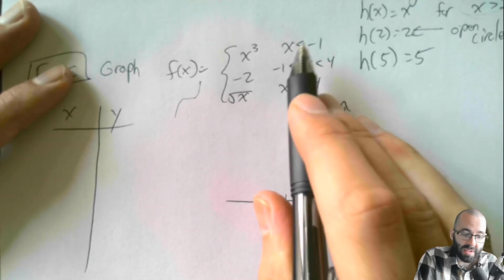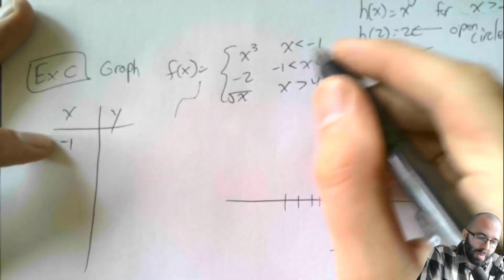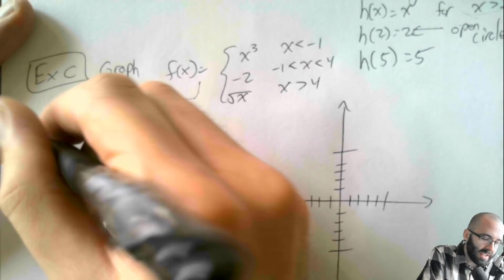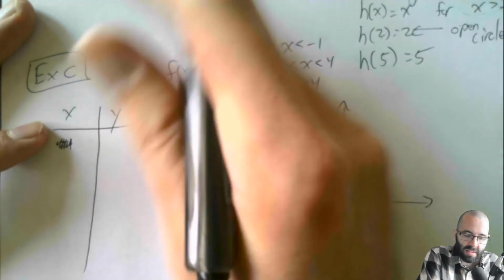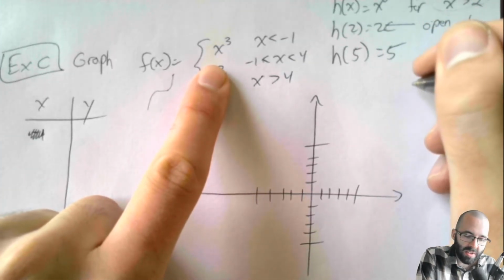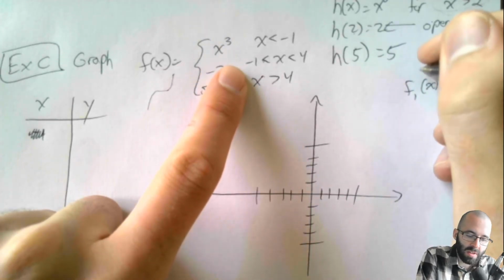Less than sign, open circle here. So right off the bat, this is where we're going to have an open circle right here. Okay, because at -1, I shouldn't actually have written -1 here. At -1, we're actually on the second piece. But maybe let's call this first piece F1 of X. Where's the open circle?